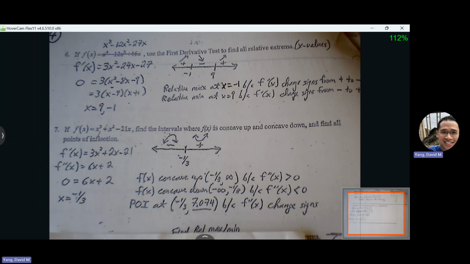You're still going to find f prime. You're still going to find your critical points. But once you're here at your candidates, you're not going to create a sign line. You're going to plug these values into the second derivative function and look at the positive and negative signs of your concavity to decide whether these candidates are max or min. I will work through the steps with you for number 8.